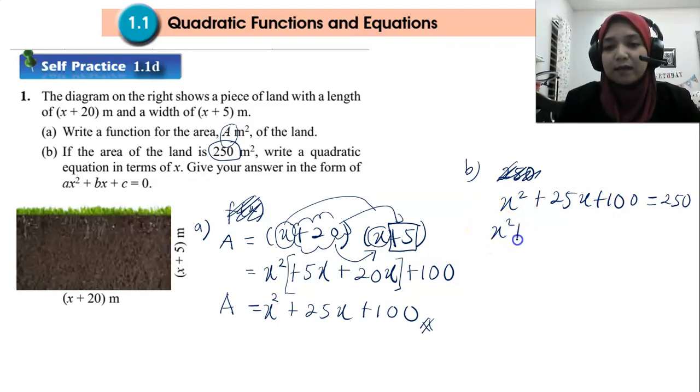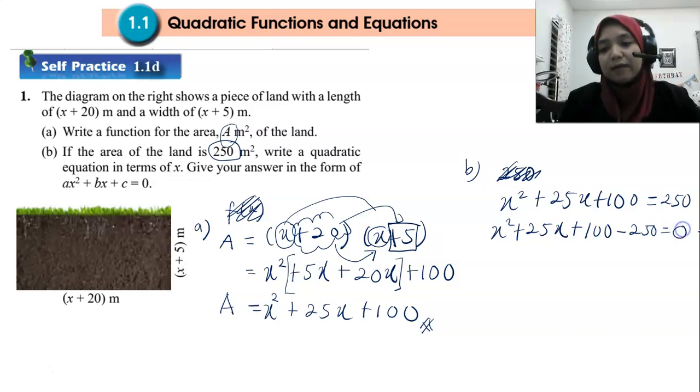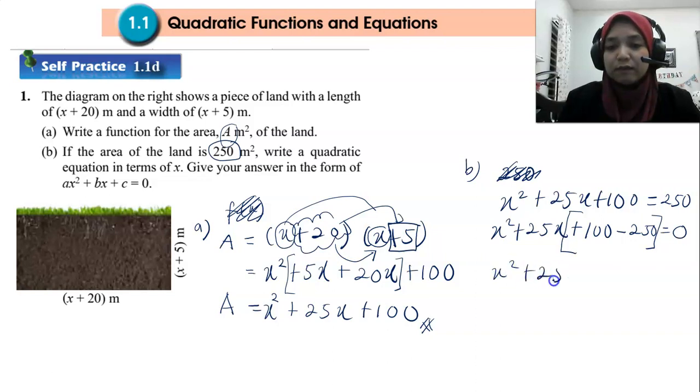So, X square plus 25X. Tulis balik sebab tak buat apa-apa lagi kan. Plus 100. Tadi kita nak terminate ni, kita kena minus 250 on the right hand side. So, kita minus lah. Nak bagi adil, so, right hand side jadi 0. So, untuk yang ni pula, hanya number saja ada geng. Yang ni tak ada geng, tulis balik X square plus 25X.